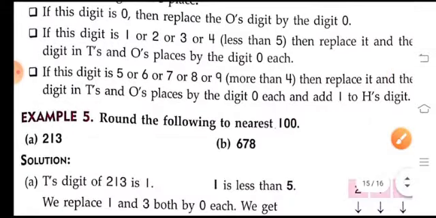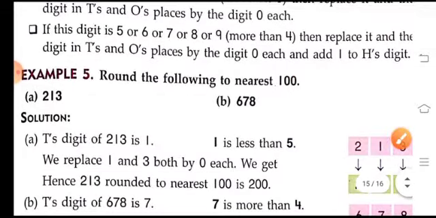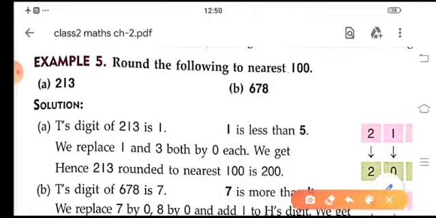Here we will do the first example of rounding numbers to the nearest 100. The tens digit of 213 is 1. That means the number at the tens place is 1. 1 is less than 5. So we replace 1 and 3 both by 0.